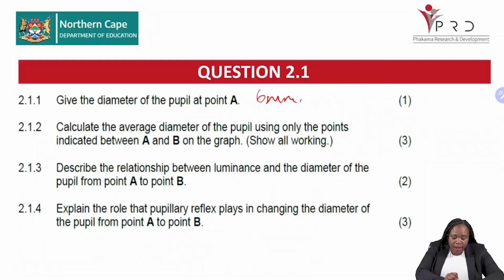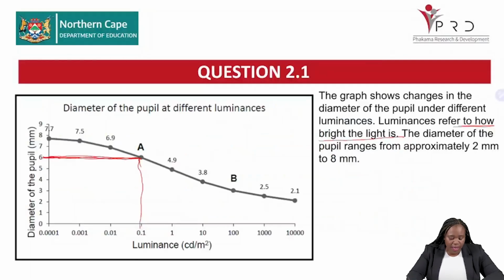So here we are calculating the average diameter using only the points between A and B. We only have 4.9 and 3.8, right? So you are going to say 4.9 plus 3.8 divided by 2. Every time you get your average, you add the different values that you have, and then you divide by the total number of values.